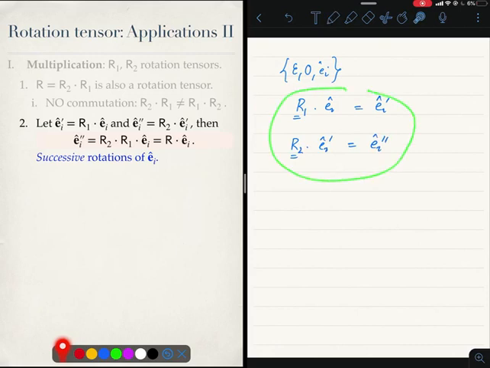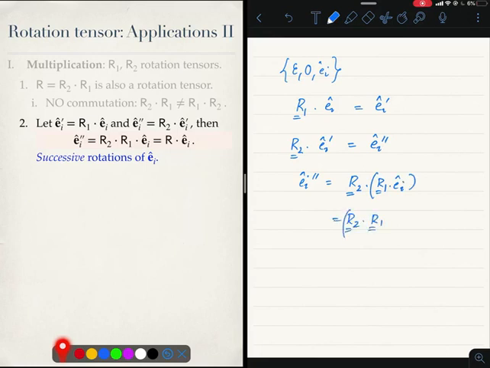Then when you combine these two, you will get that Ei double prime is actually R2 dot R1 dot Ei, which is really R dot Ei, and we have just seen that R is also a rotation tensor. So therefore rotations which follow each other can be combined successively.